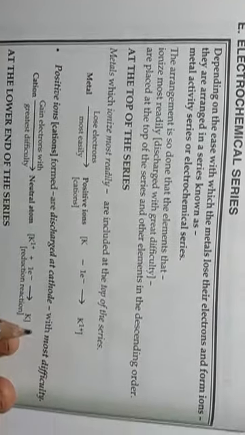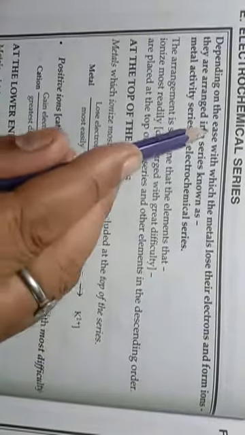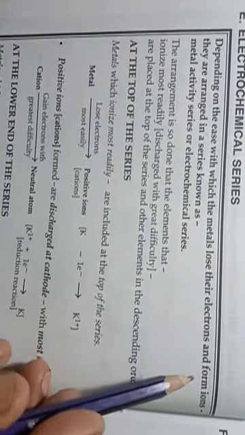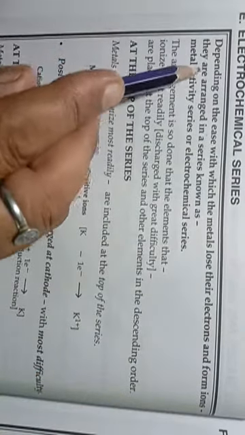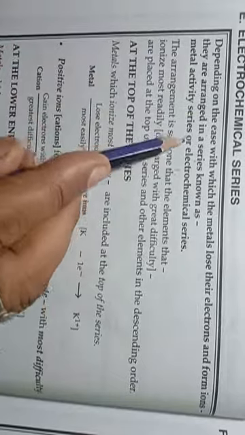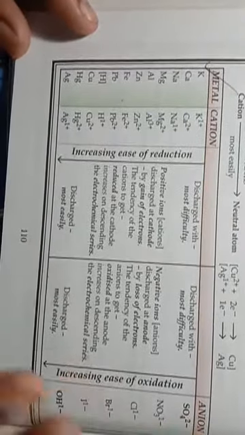Electrochemical series. So what is the electrochemical series? Depending on the ease with which the metals lose their electrons and form ions, they are arranged in a series known as the metal activity series or electrochemical series. So this is the metal activity series, students.